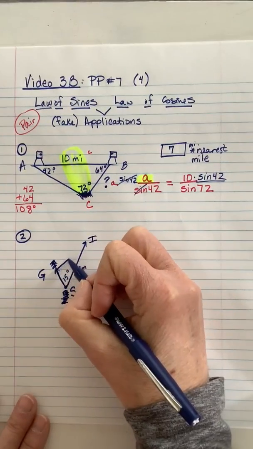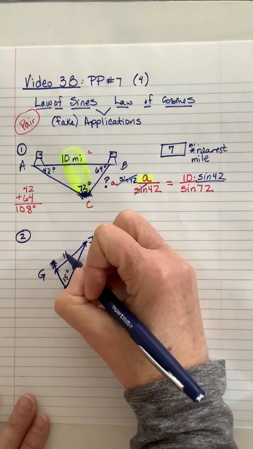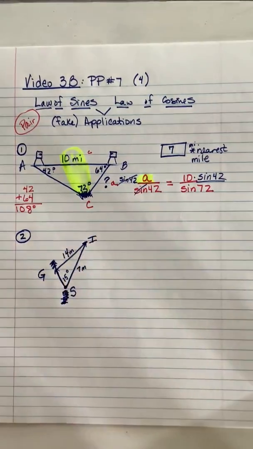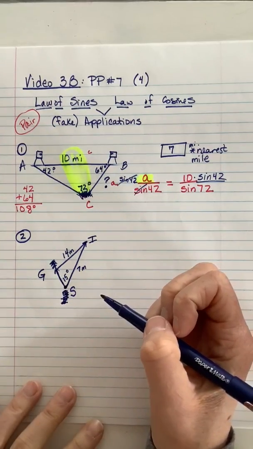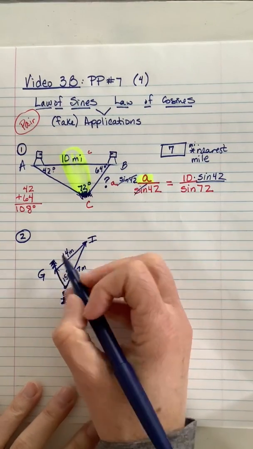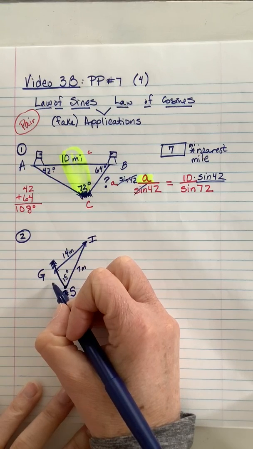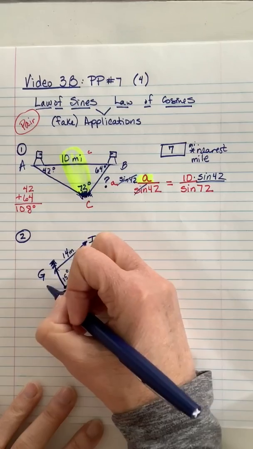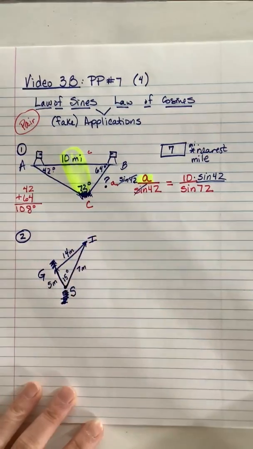And what we also know is that they end up 14 meters apart. We also know that Ginger travels only 5 meters.